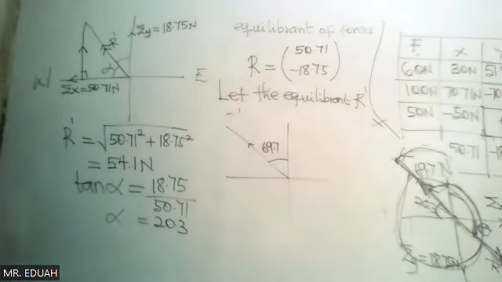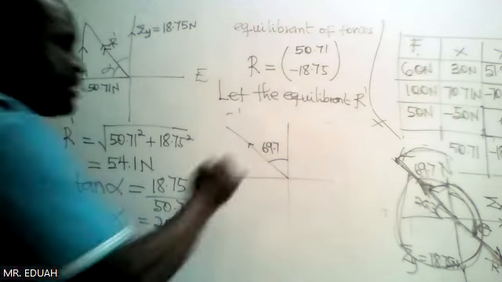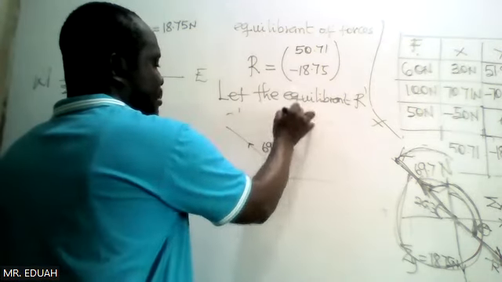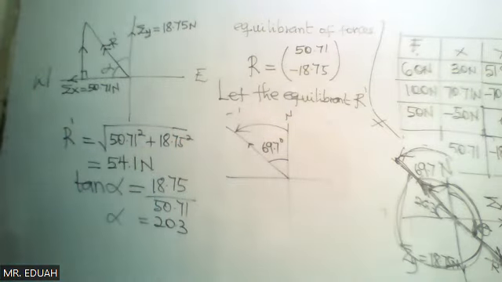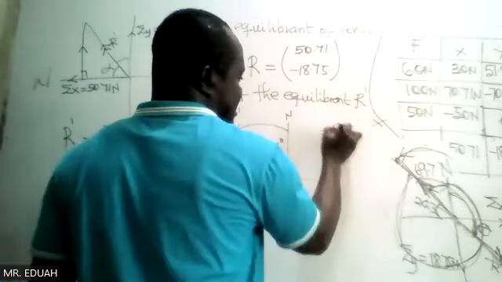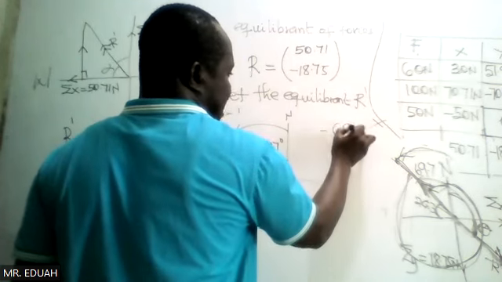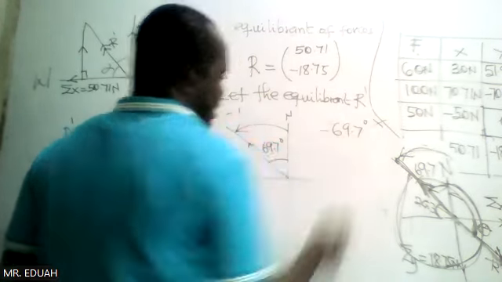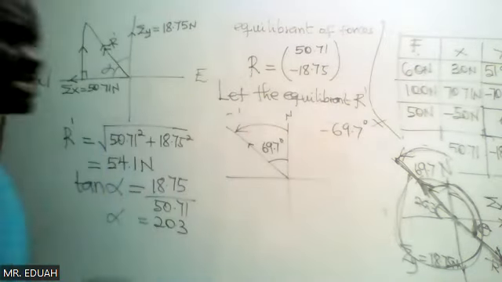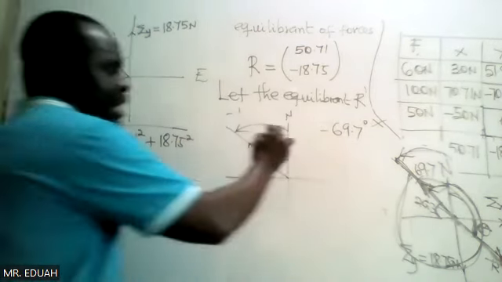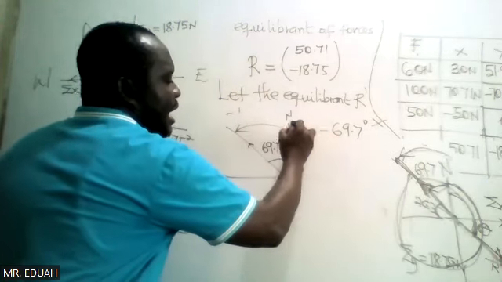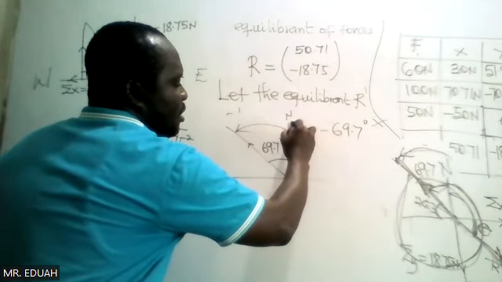Okay, 69.7 degrees from the north. But when you are measuring it, it has to be anti-clockwise. So usually it is minus 69.7 degrees. The minus indicates that it's an anti-clockwise measurement. Or I can also measure the direction from here.